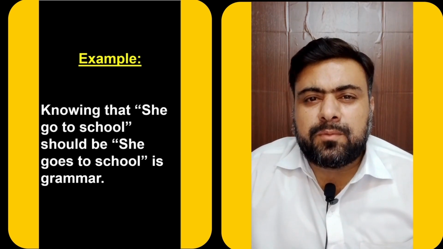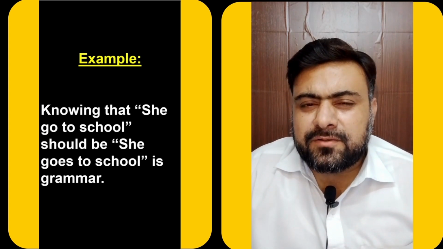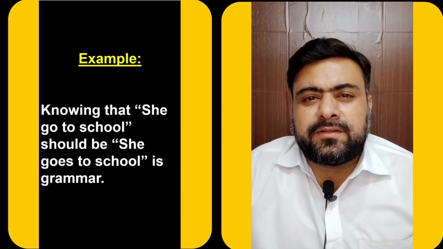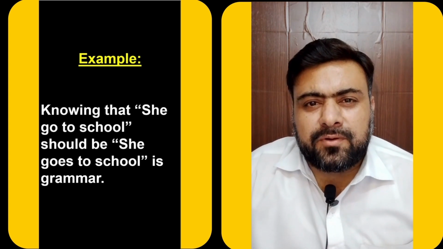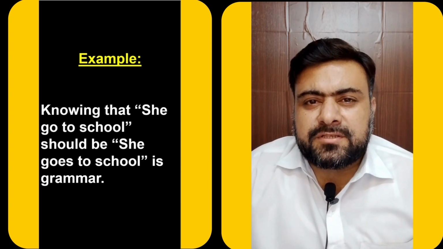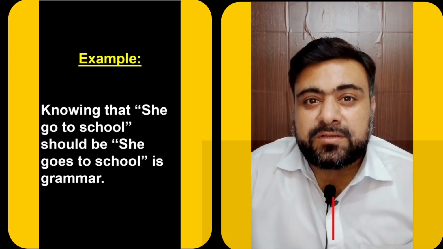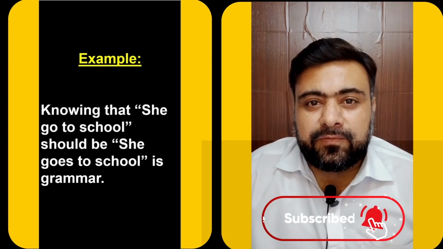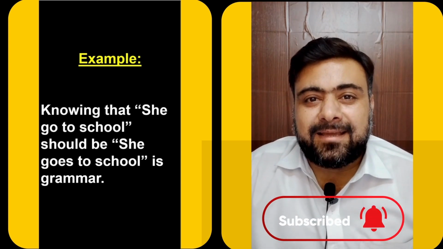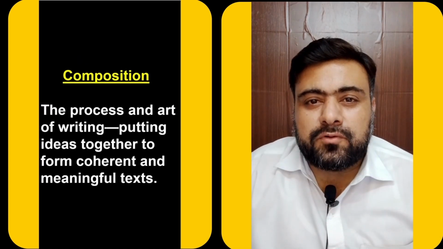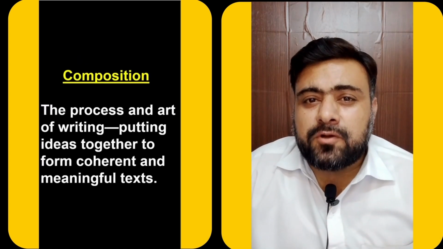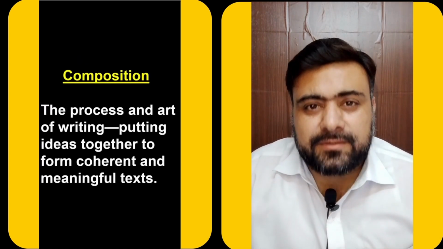Because we must have studied this rule that in the present indefinite tense, whenever the subject is a singular pronoun, the first form of the verb must have an S or ES at the end of it. So "she go to school" is wrong and "she goes to school" is correct.